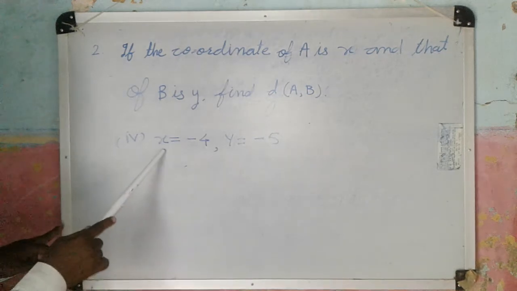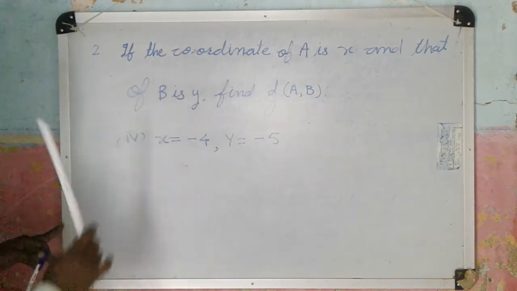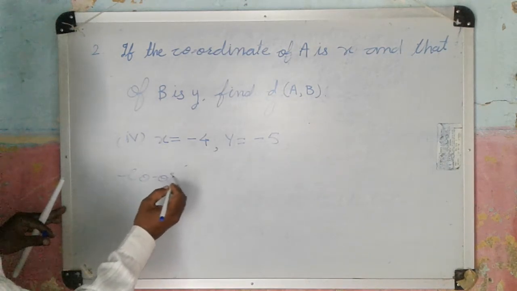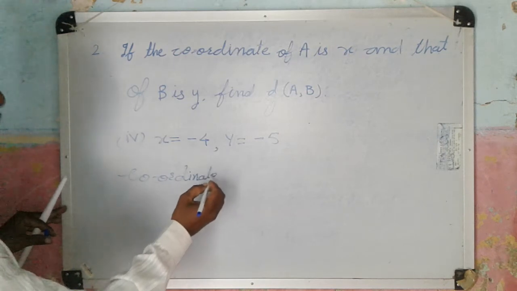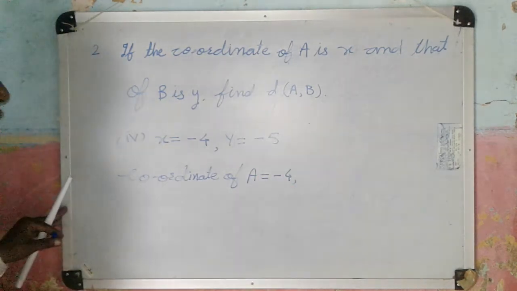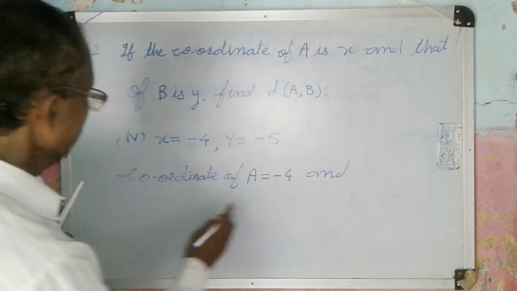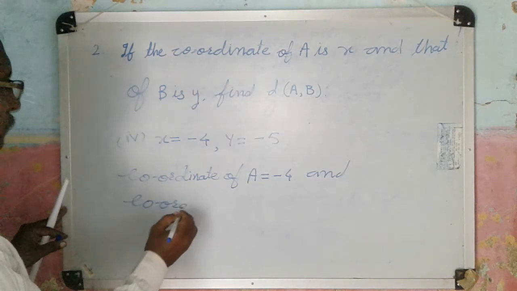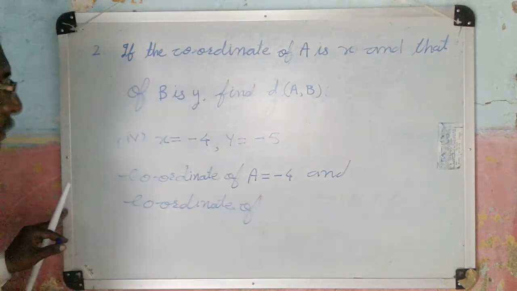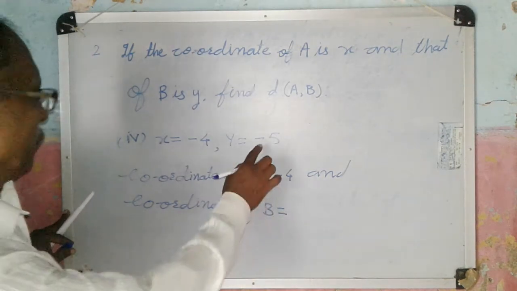That means x is equal to minus 4, this is the coordinate of A. And y is equal to minus 5 is the coordinate of B. Coordinate of B is equal to minus 5.